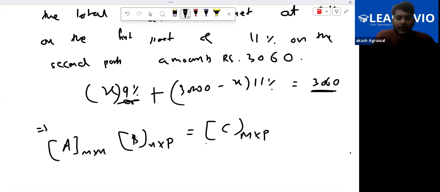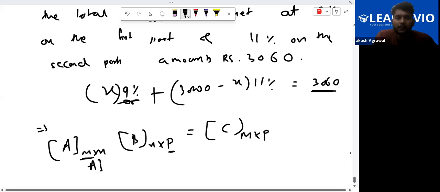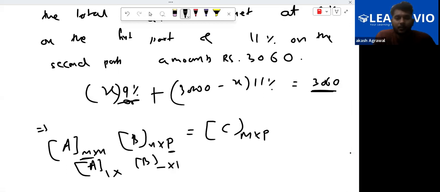To make it one element, we need m and p both as 1. So A should be 1 cross something, B should be something cross 1. Is this step clear?